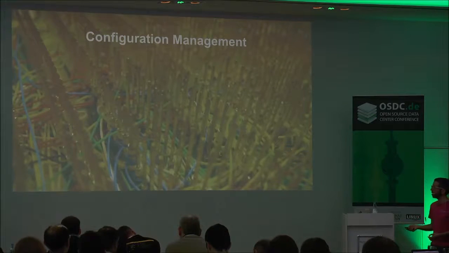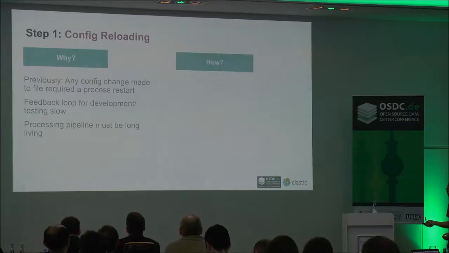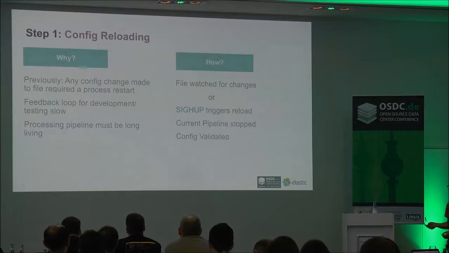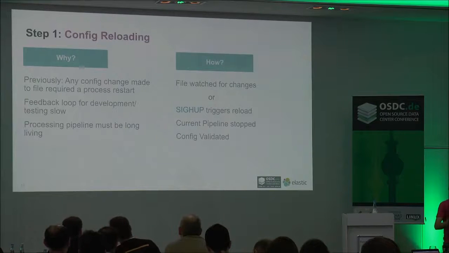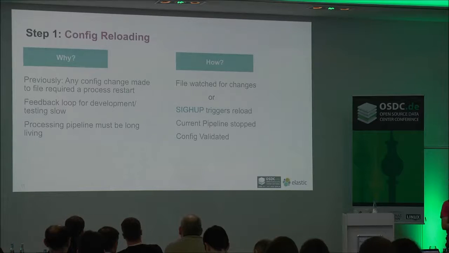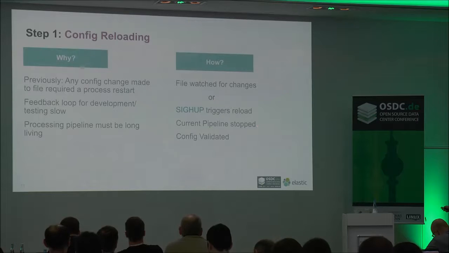So what we did is we introduced config reloading. This means in 5.0, if you change something in the config file, Logstash has a watchdog that tries to see when it changes and reloads the pipeline. It basically takes care that the current pipeline is stopped, does the config validation, and if everything is correct, it restarts itself.